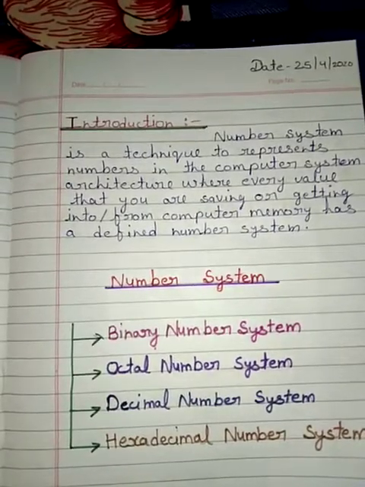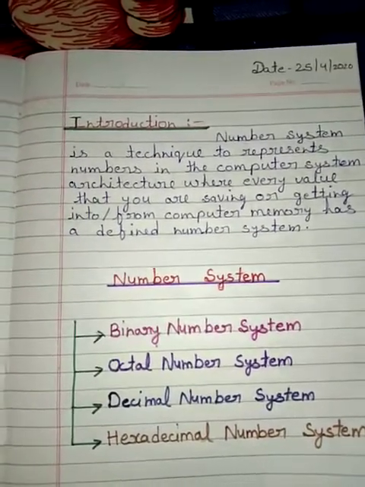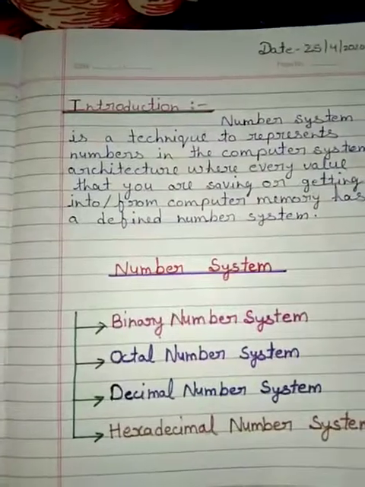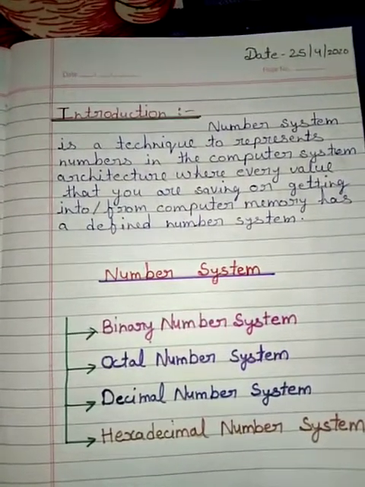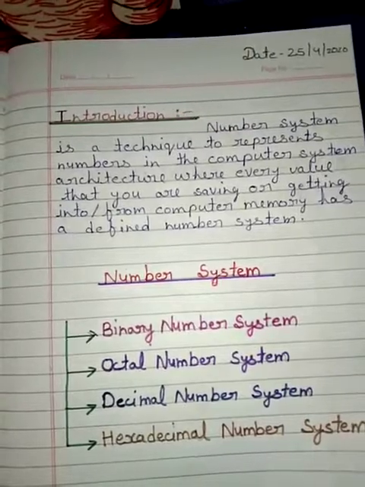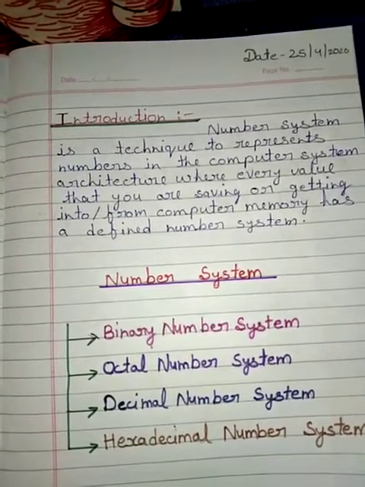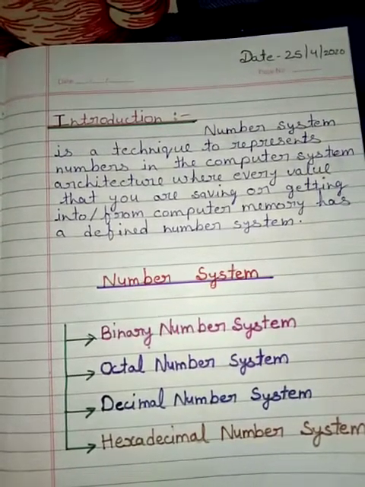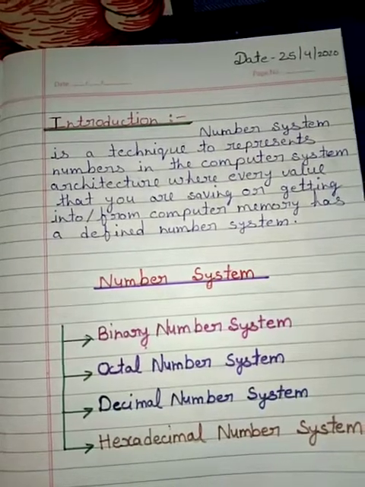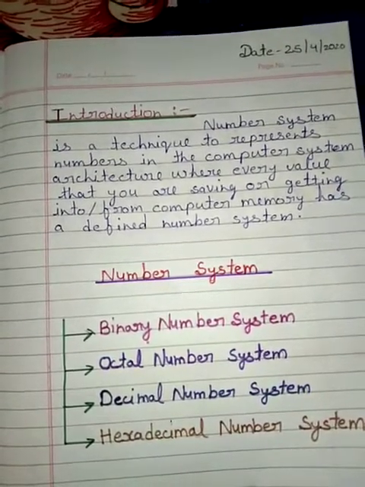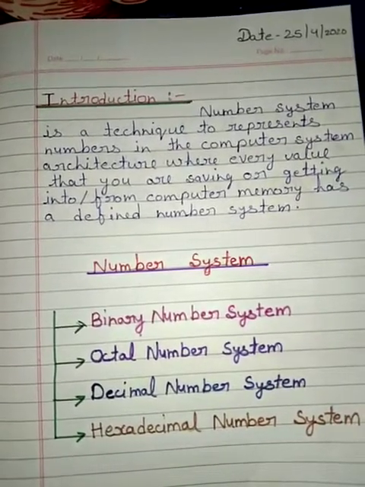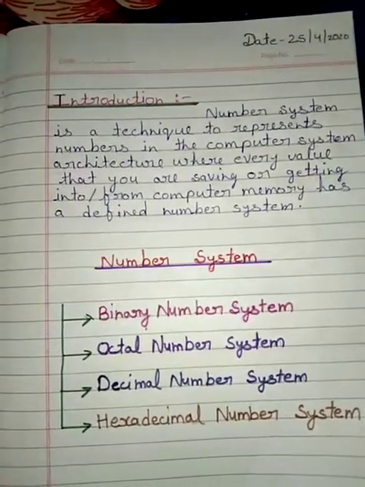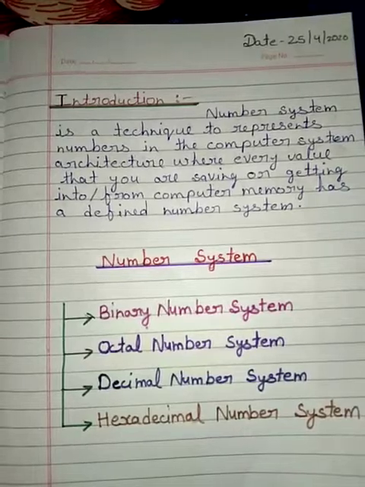Now I explain the hexadecimal number system. In this number system, the base used is 16. So 16 digits are used to represent a given number. This number system is called the hexadecimal number system, and each digit position represents a power of 16.